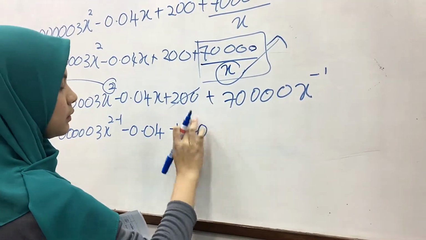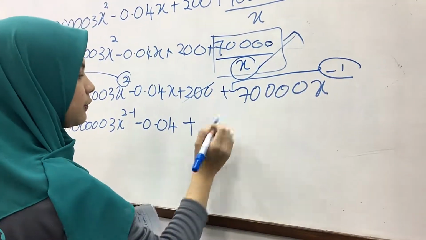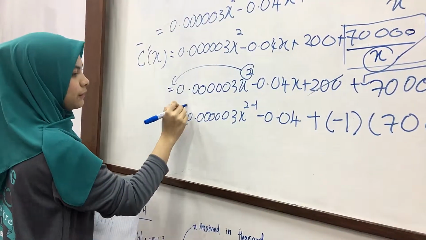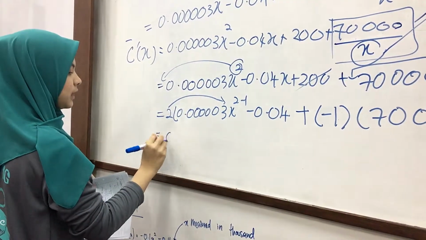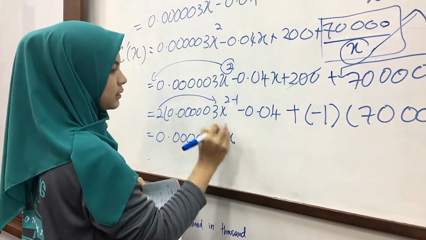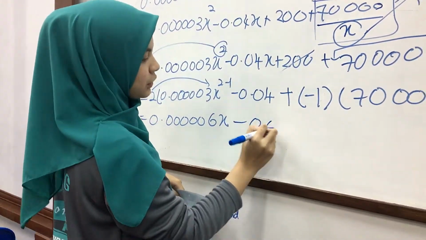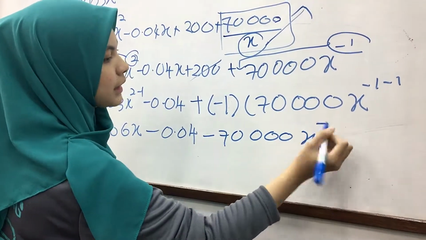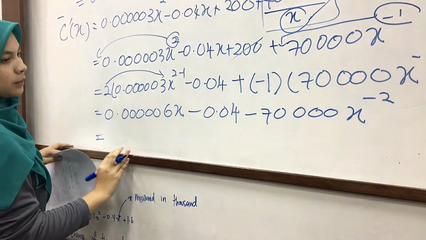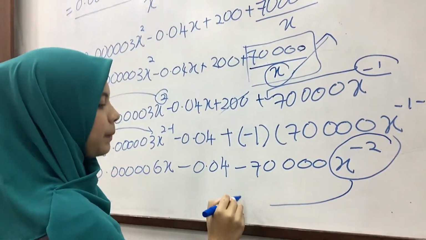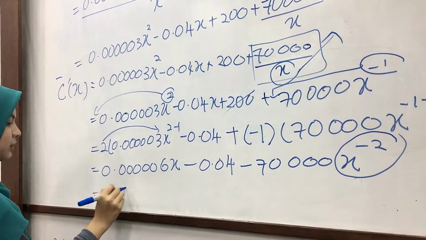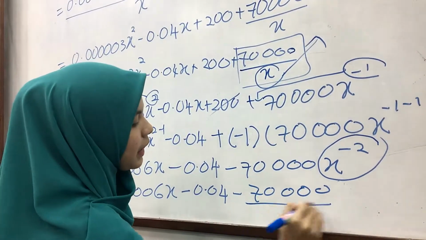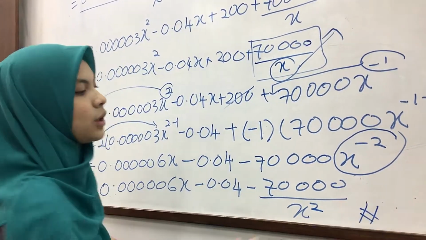Plus 7,000 times negative 1, x to the power of negative 1 minus 1. 6x minus 1 becomes 1. Minus becomes minus 1,000 times 1 plus negative. And it is easy to remove the x values to get 6x divided by 4 and this 70,000 divided by x to the power of 2. That is the marginal cost.